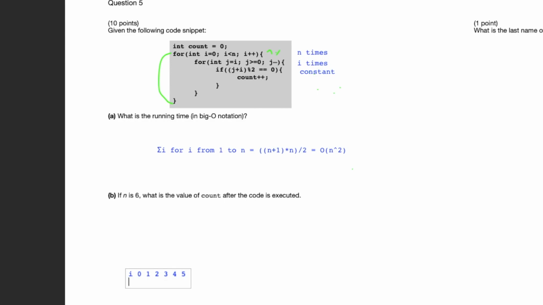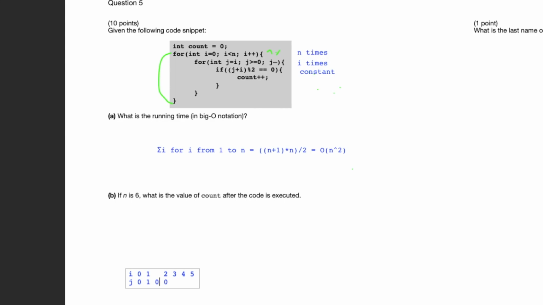And then j for i equals 0 goes from 0 to 0, so it just runs once. For i equals 1 it goes 1, 0, in reverse order.